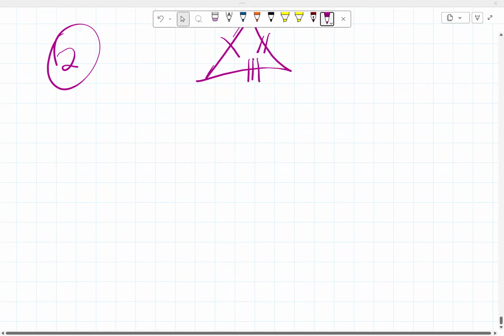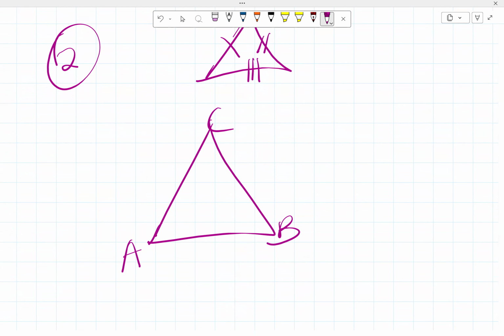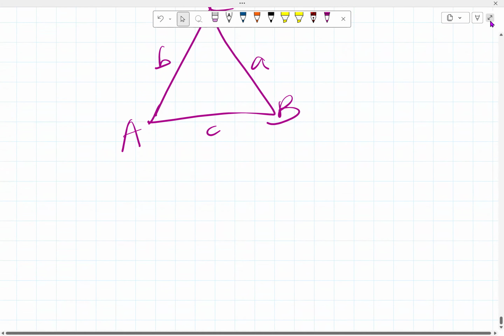The rule simply says that if you have any triangle at all, and these are angles A, B, C, and the sides are small a, small b, small c, then this one is split into three.